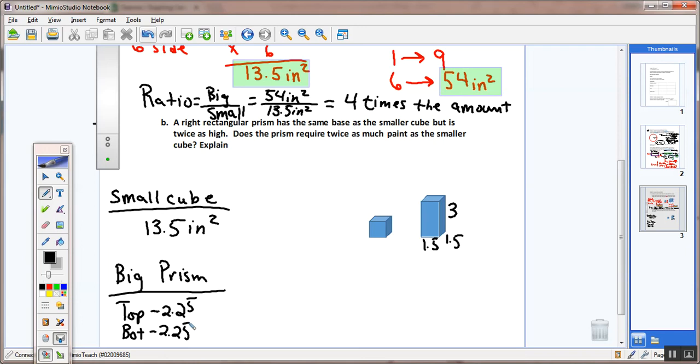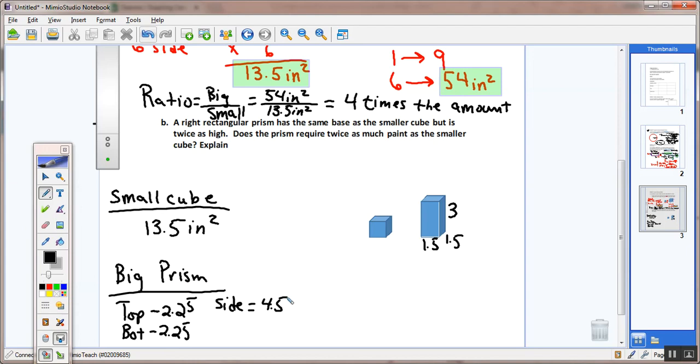So one side would be 3 times 1.5. What is 3 times 1.5? 4.5. Okay. So each side is 4.5. That comes from, again, this 1.5 distance down here times this height is now what, kids? Okay, so 1.5 times 3 gets us that area of 4.5.